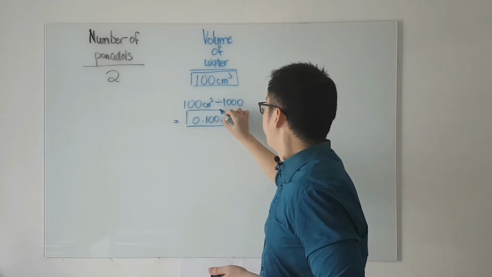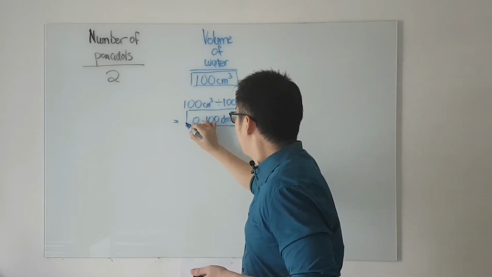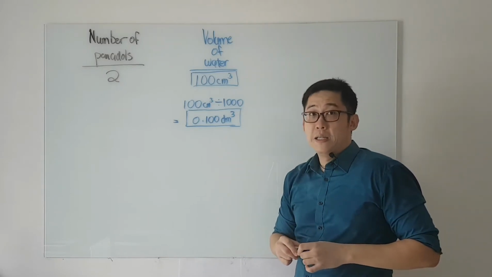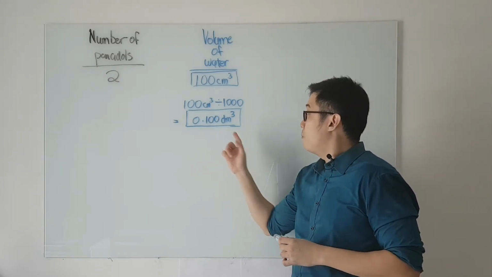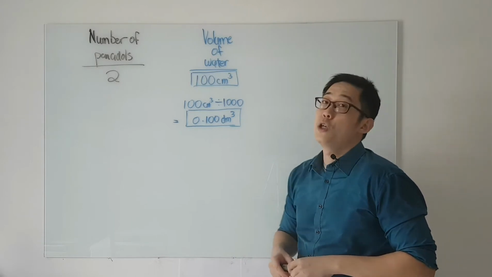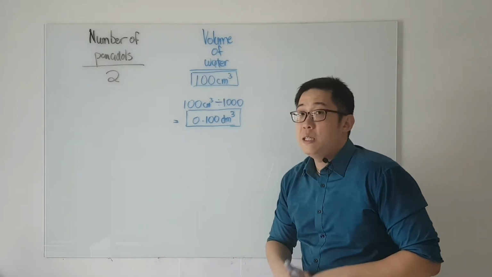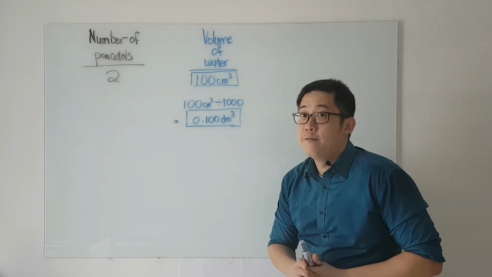Now, students, you can see clearly that this is 0.1 dm cube, which means that this is the volume of water I have in dm cube.